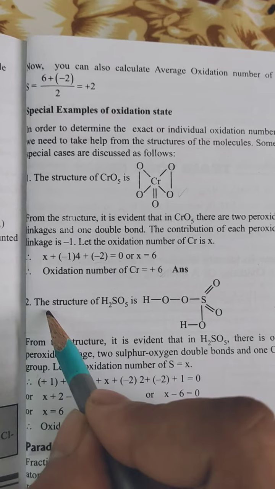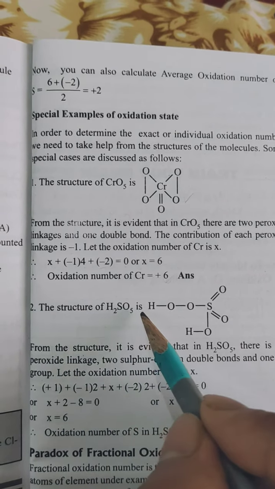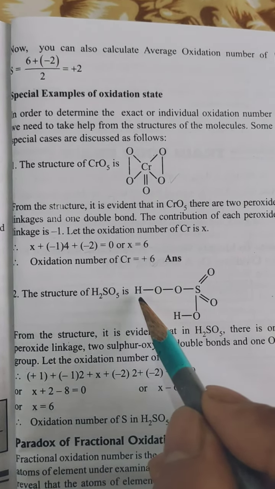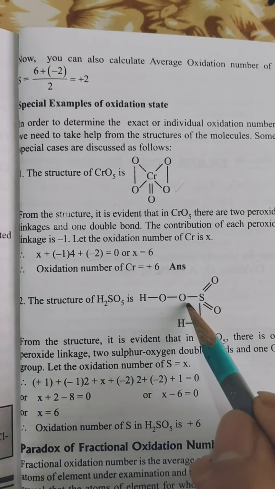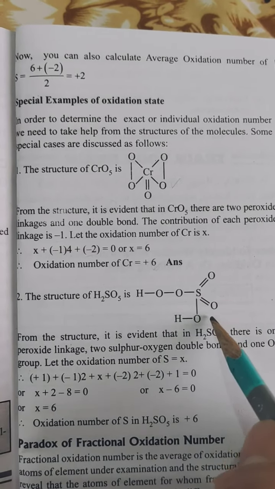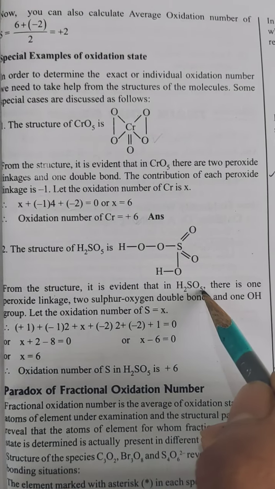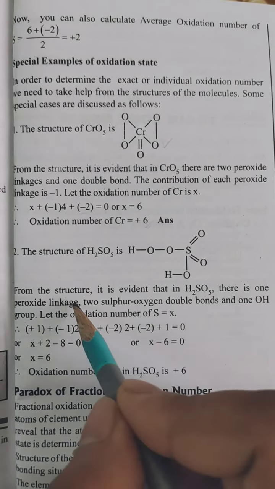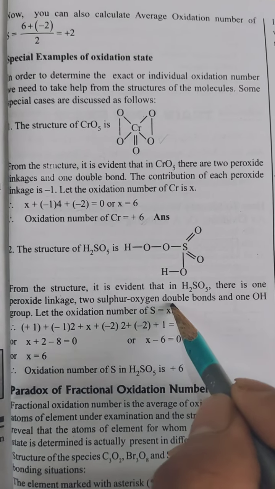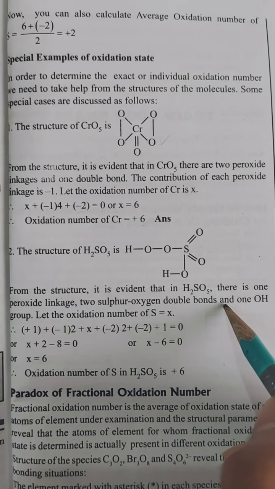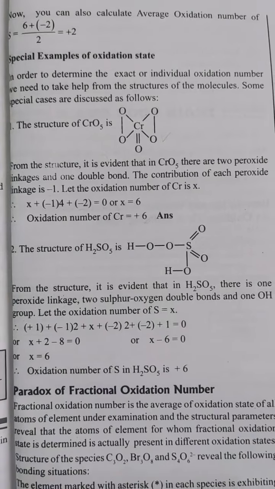Next, the structure of H2SO5 is this: HOOSO2OH. From the structure, it is evident that in H2SO5 there is a peroxide linkage, two sulfur-oxygen double bonds, and one OH group.